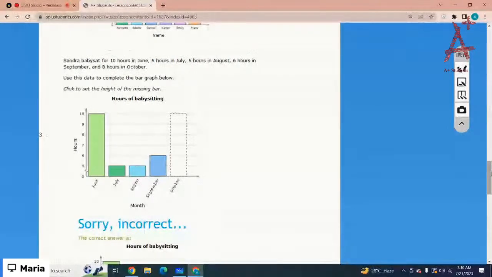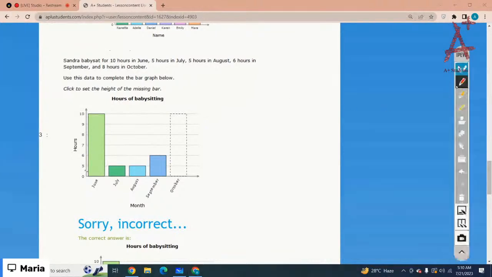So which bar is missing? October. So in October she babysat 8 hours, so you have to add a bar with a height 8. Here it is. Here is the complete graph, with the missing bar added also, right?